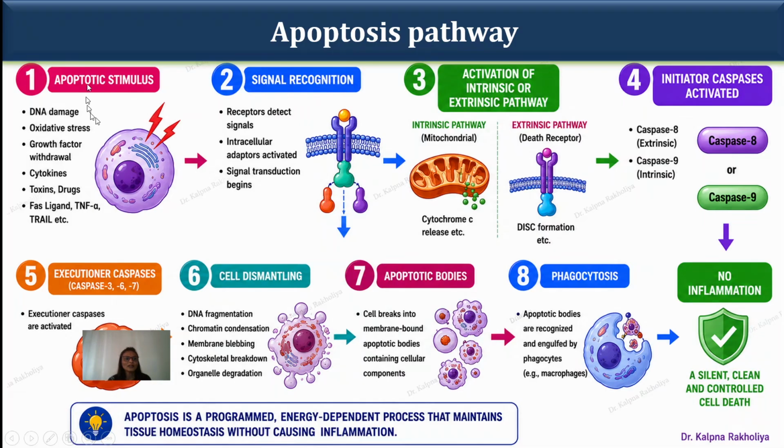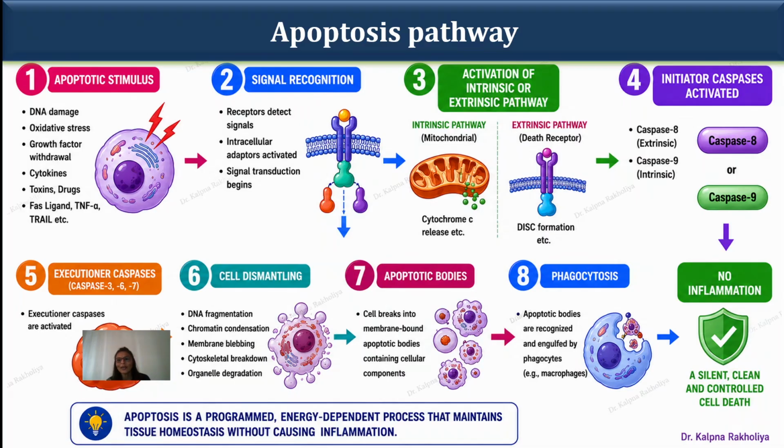The stimuli, whether internal or external, send a signal to the cell. The cell recognizes that signal, and according to whether it is an external or internal stimulus, the corresponding pathway runs. If an internal stimulus is present, it activates the intrinsic pathway; if an external stimulus is present, it activates the extrinsic pathway.